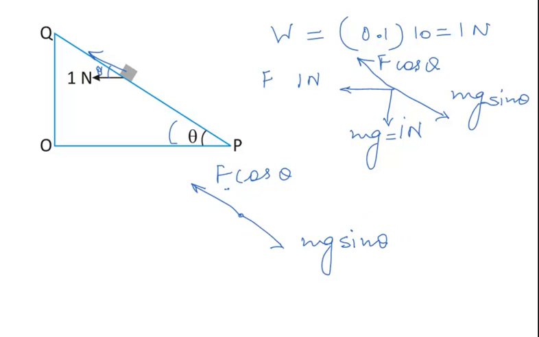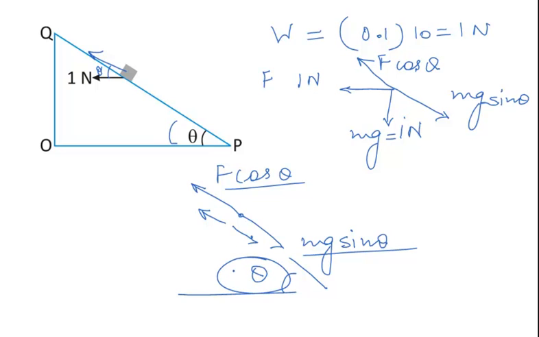Now depending on the relationship between F cos theta and mg sin theta, we will come to know that this block is stationary and the friction force is acting either in downward direction or in upward direction, and that will be dependent only on the angle theta.